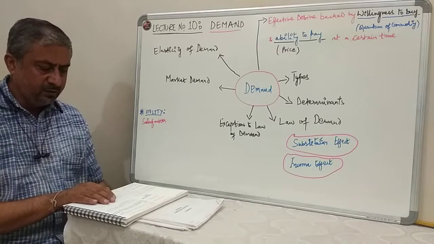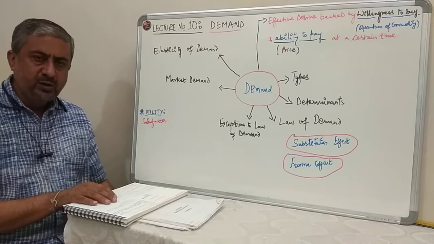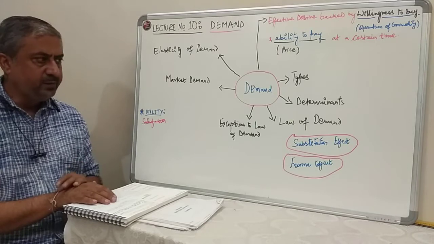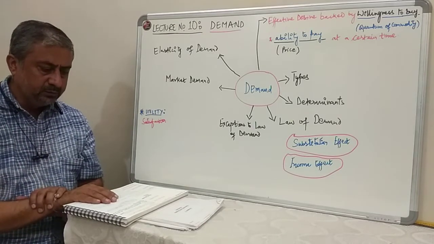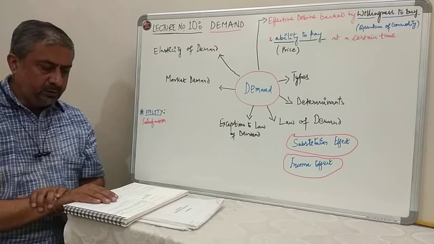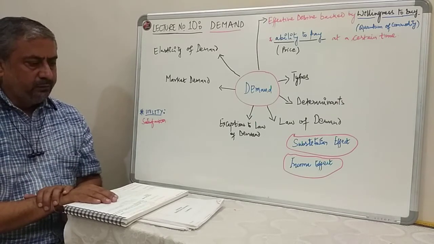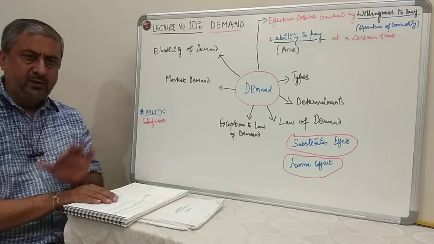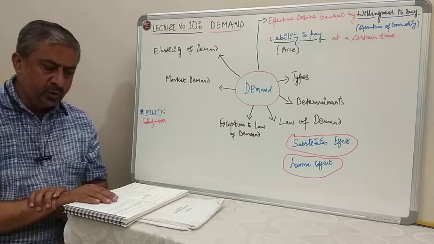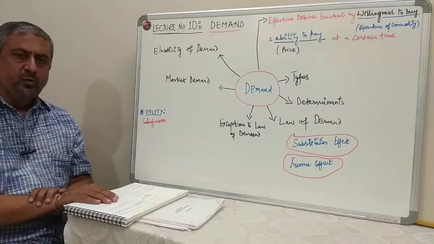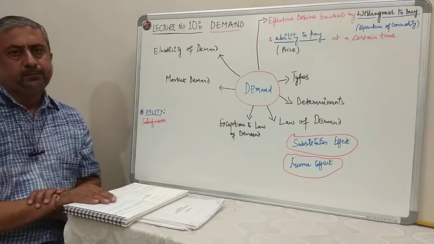Now, what are the reasons? There are two reasons for this. One is the substitution effect and the other is the income effect. That means when the price of a commodity falls, its substitutes become more expensive, assuming the price has not changed.